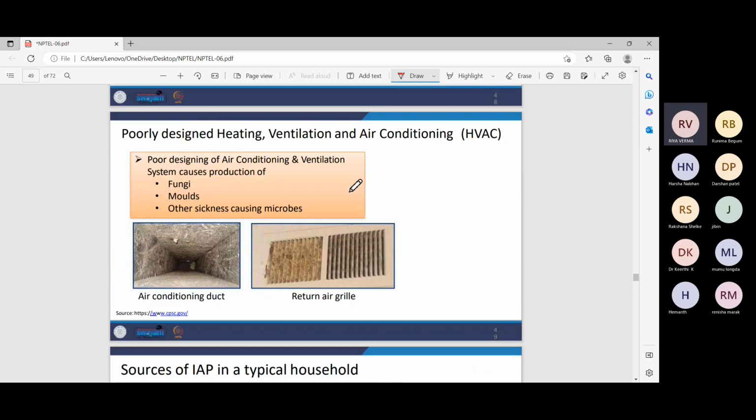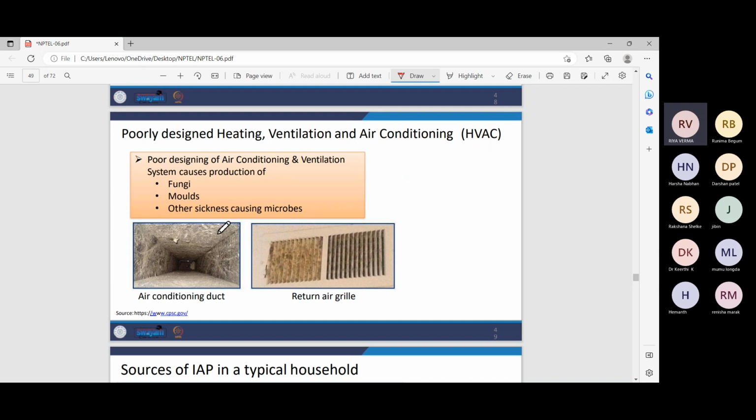Now we have poorly designed HVAC systems. If we are not cleaning or properly maintaining our HVAC systems, then due to the presence of moisture, dust, and different pollutants, it leads to the production of fungi, molds, and other sickness-causing microbes in these HVAC systems. And when they are operated, they are released into those indoor environments.